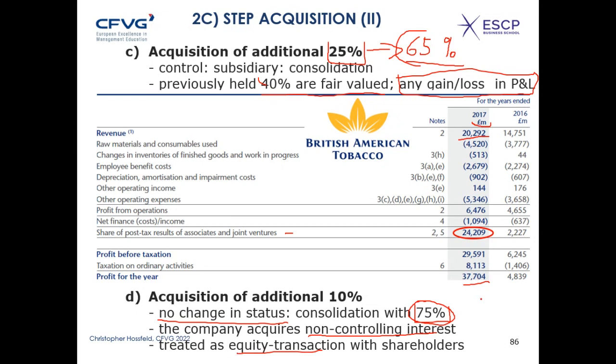So basically I pay out some shareholders. What happens? My cash position will decrease because I pay them money, and non-controlling interest will decrease in equity. And that's about it. That's a step acquisition where I ramp up over time my stake in the company. Any questions?